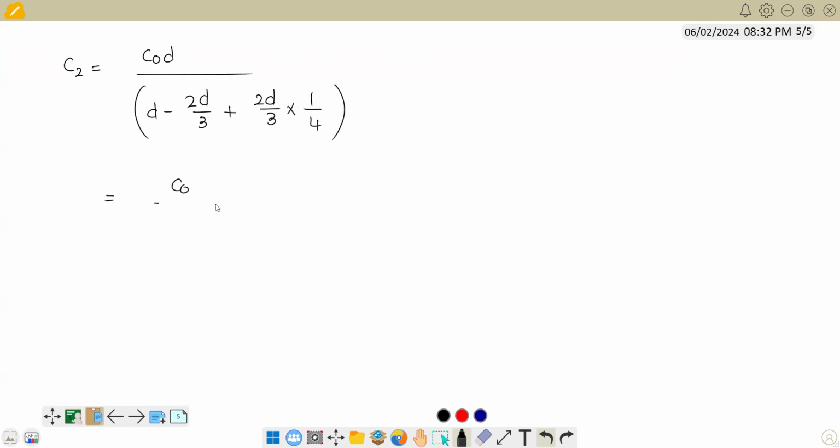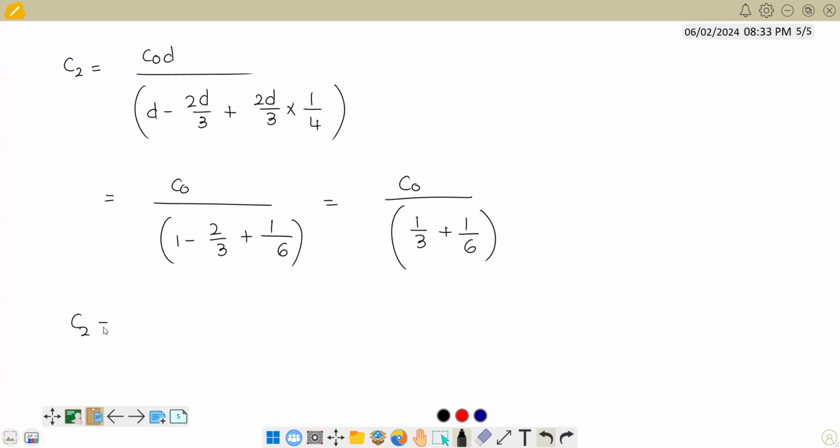We get C naught by 1 minus 2 by 3 plus 1 by 6, having removed D directly. 1 minus 2 by 3 is 1 by 3, plus 1 by 6. So we can write C2 equals C naught into 6 times 3, which is 18, by 6 plus 3, which is 9. We finally get 2 C naught. Sometimes it is not necessary to go for an LCM; we can solve by cross multiplying.